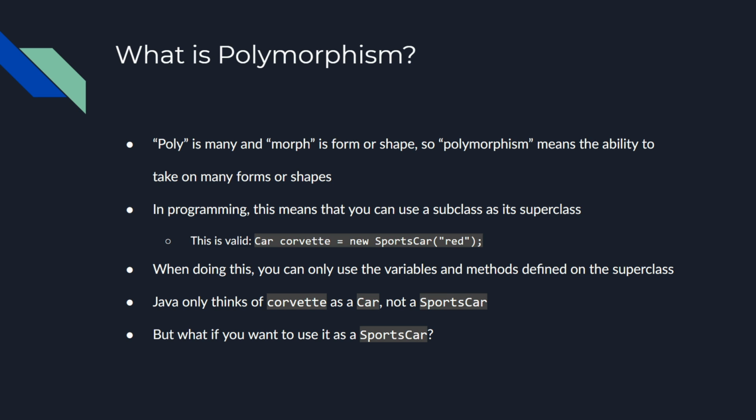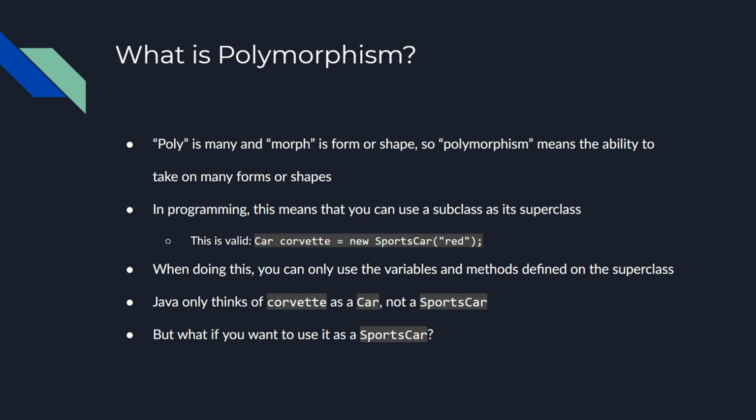So what does this mean in programming? It means that if I have a superclass car, and then I have a subclass like sports car, I already know that a sports car can do everything that a car can do because the sports car inherited from the car.